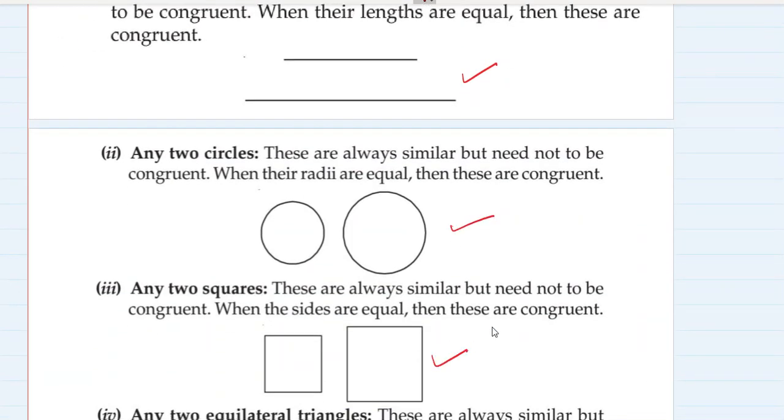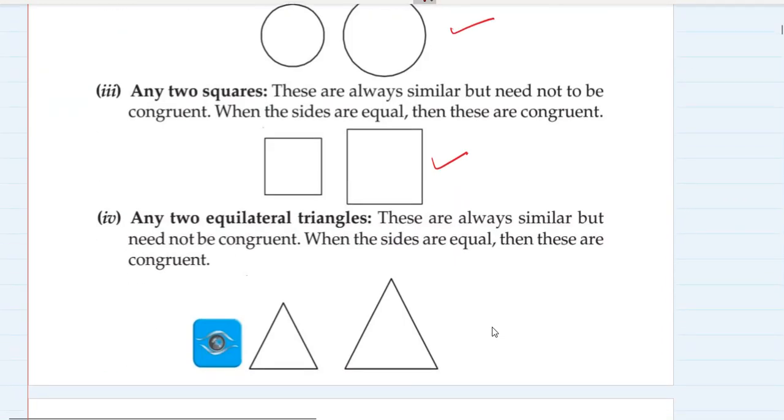Two squares are always similar. Because they may have the same size, but they always have the same shape. Their dimensions, as in the shape, not the measurement, are always the same, but their measurement can be different from each other. That's why these figures are always similar.